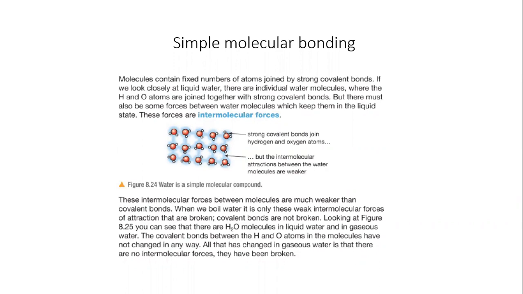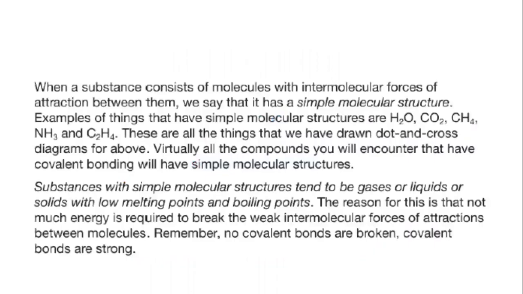You already know that intermolecular forces are really weak, so they are easy to break, which is why simple molecular structures usually have low melting points and boiling points, because you don't need a lot of energy to break them. So they are going to be gases or liquids. They have weak intermolecular forces, so they are not going to have that tight regular arrangement, and they're not going to be in a solid state.